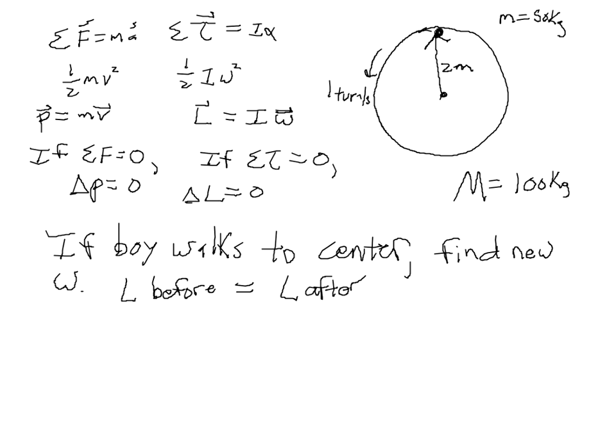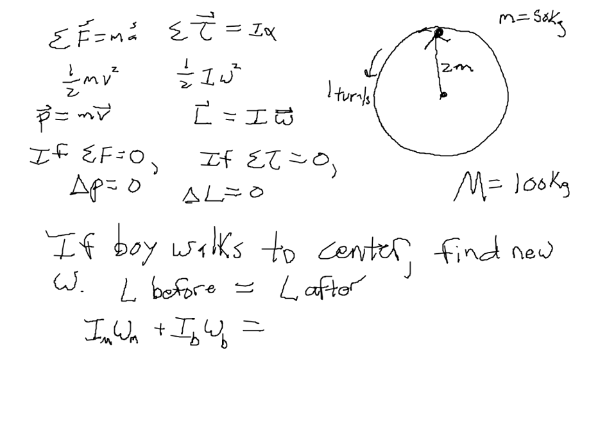Before the boy walks to the center, we have an angular momentum of I for the merry-go-round times omega for the merry-go-round plus I for the boy times omega for the boy.